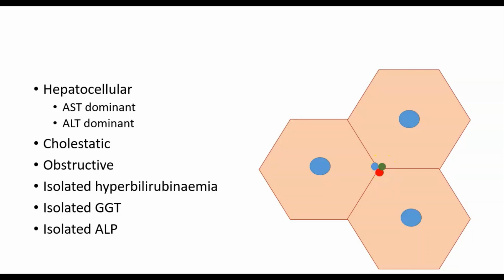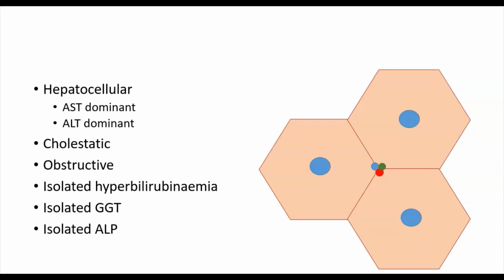In this hepatic acinar model, the hepatocyte is divided into 3 zones, with zone 3 being the furthest away from the blood supply. Zone 3 has a much higher concentration of AST compared to ALT, and so particularly in hypoxic circumstances, specifically ischemic or congestive hepatopathy, zone 3 is most likely going to be damaged, and therefore there's a marked elevation in the AST.